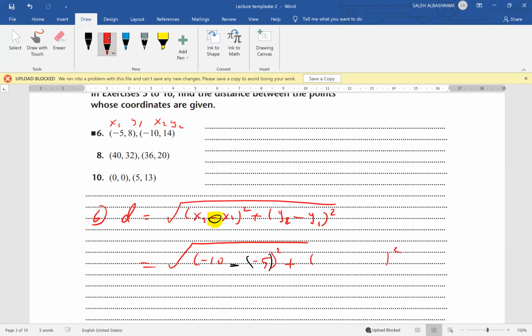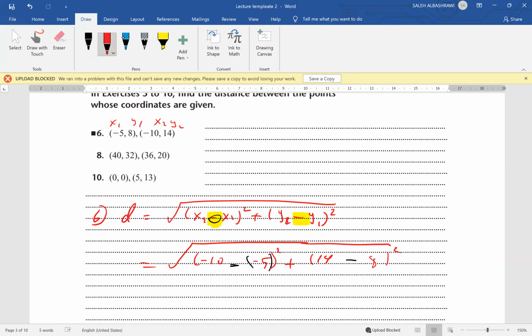for the y coordinate, I have y2, which is given by 14, and y1 is 8. And we have negative or minus from the formula, which is this one.